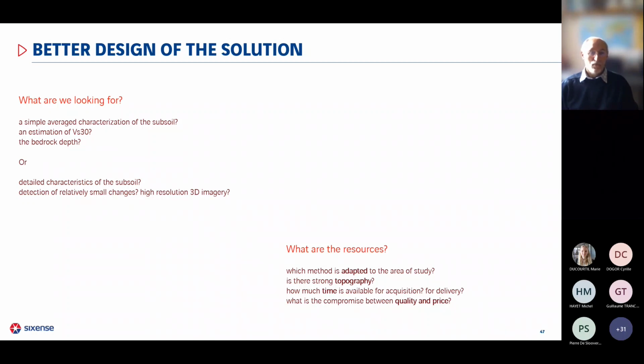So the design of the solution depends on all of these parameters. There are also the conditions of the area of study that should be taken into consideration, such as the topography, etc. So all of these parameters are important in order to choose well the method that is adapted to the project. And for that, we are here to guide you and follow you through your project.